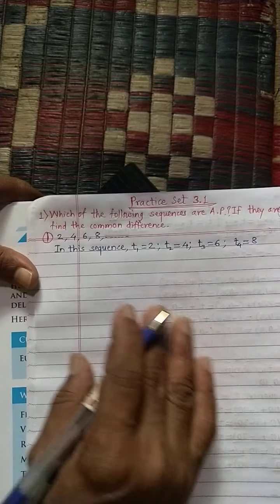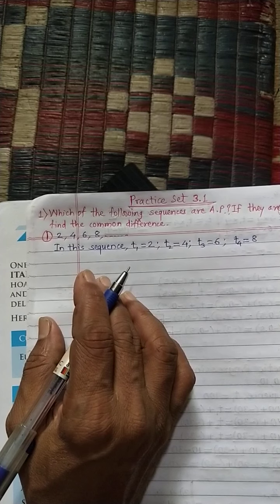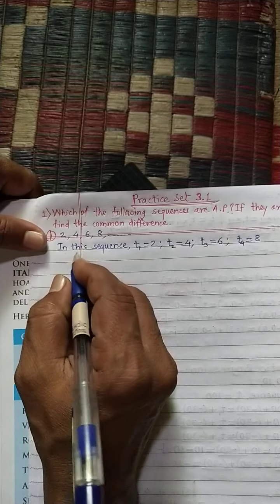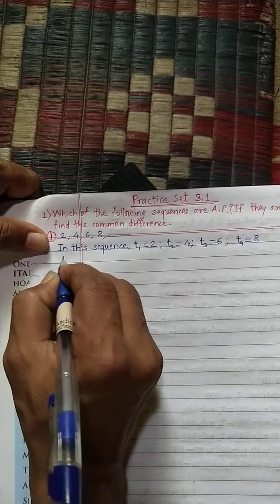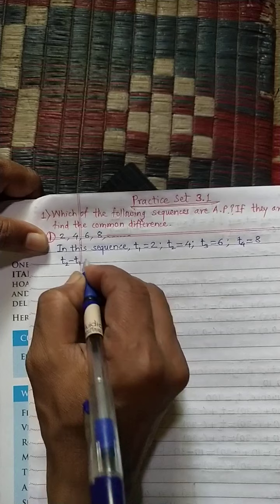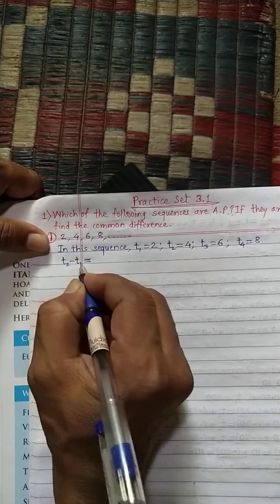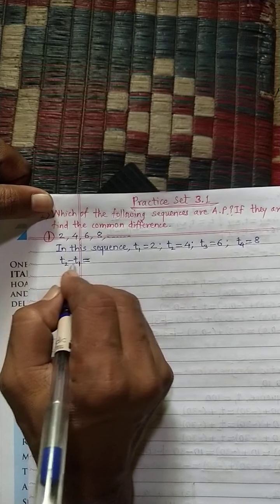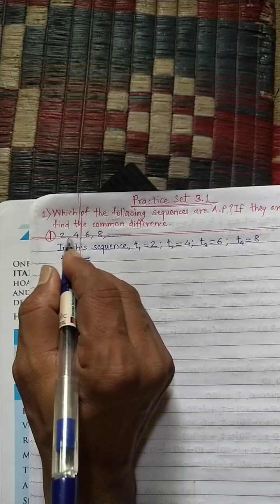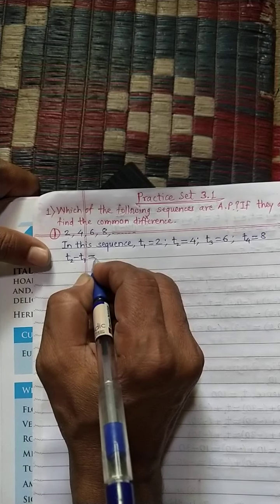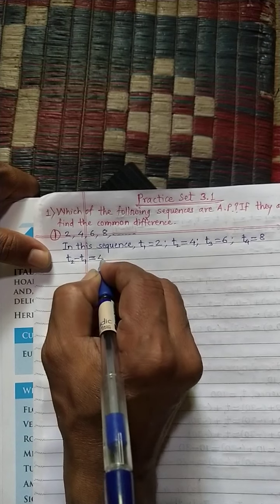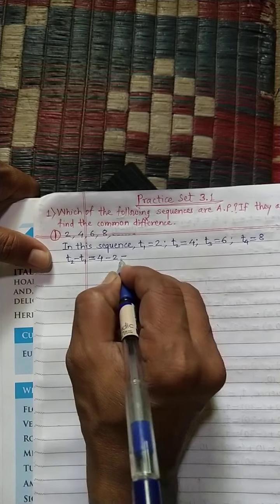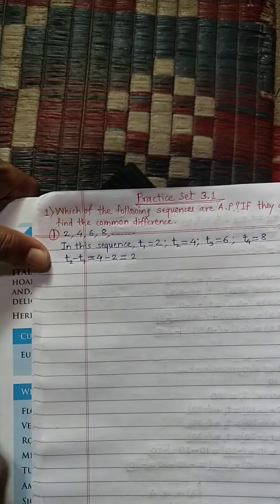Now we have to find the common difference. T2 minus T1 is equal to 4 minus 2, which is 2.